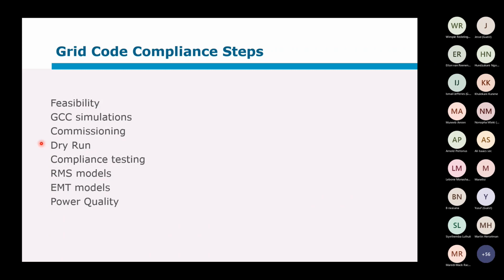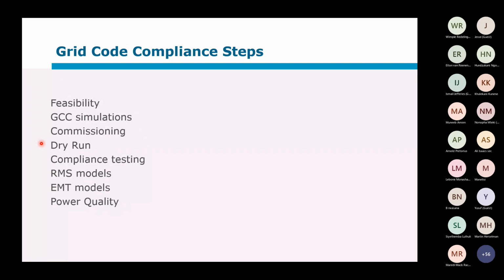So at that point, they can already prove that they're compliant, and it's easy during commissioning to adjust any settings that might need to be adjusted to actually meet the grid code.